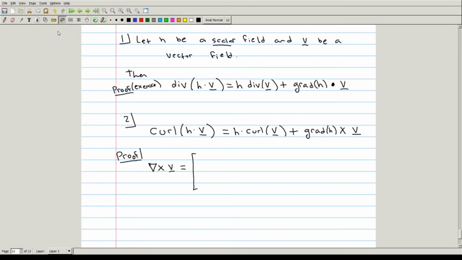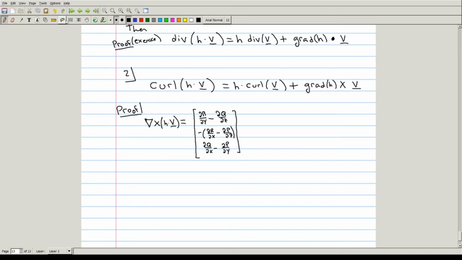This is going to be exactly equal to, we need the curl of H times V here, from our standard curl calculation, right?